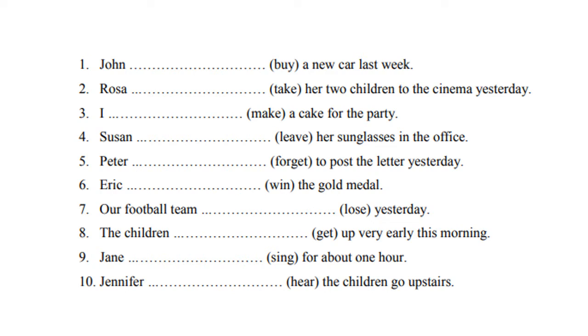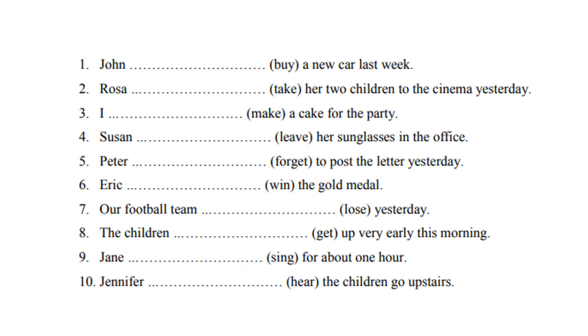So here we are going to solve in our meeting these exercises. But for example, if you want to say, John compró un carro nuevo la anterior semana, tenemos que decir, John bought. Ahora el verbo cambia completamente porque es un verbo irregular. Ya va a ser, John bought a new car last week. Rosa, in this case the verb changes for past.